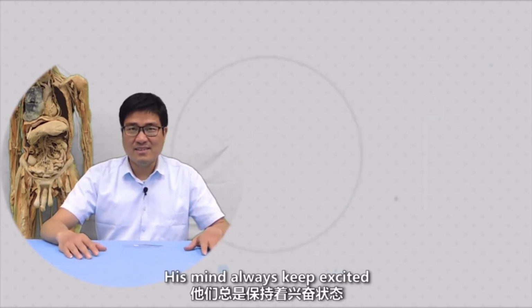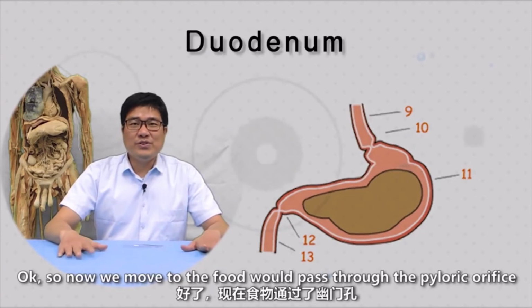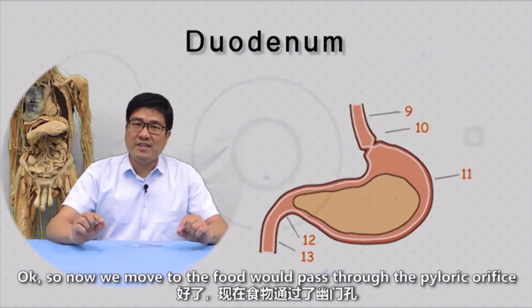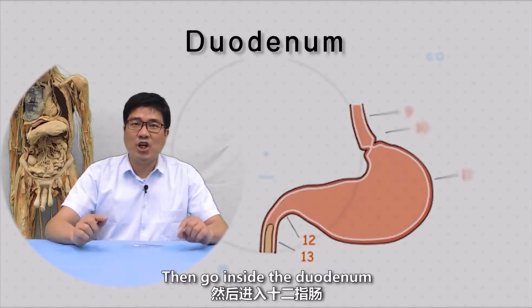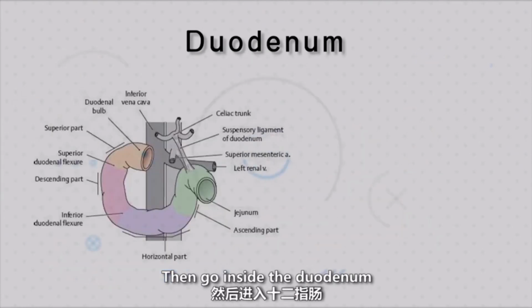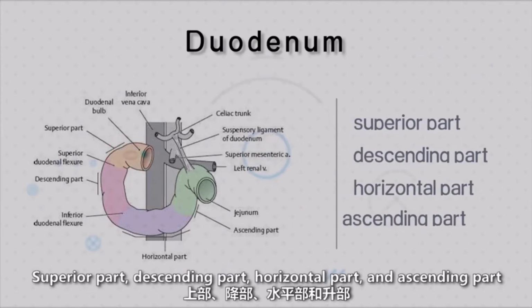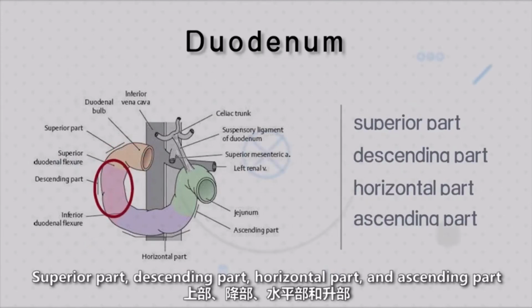Okay, so now we move on to the food passing through the pyloric orifice, then going inside the duodenum. We divide it into 4 portions: superior part, descending part, horizontal part, and ascending part.